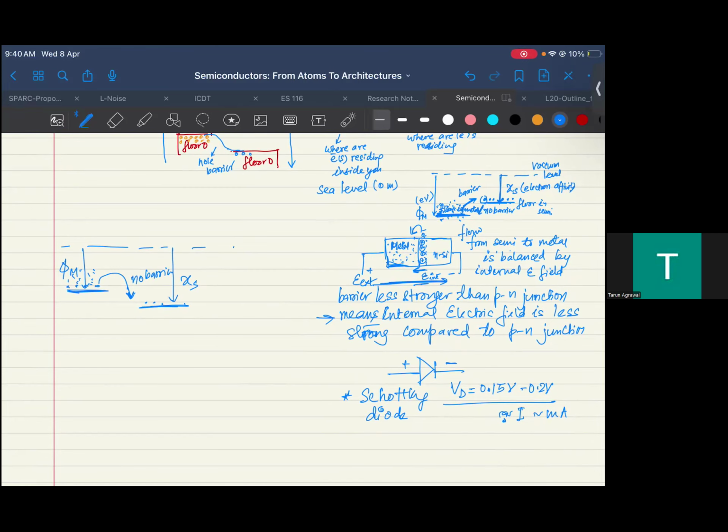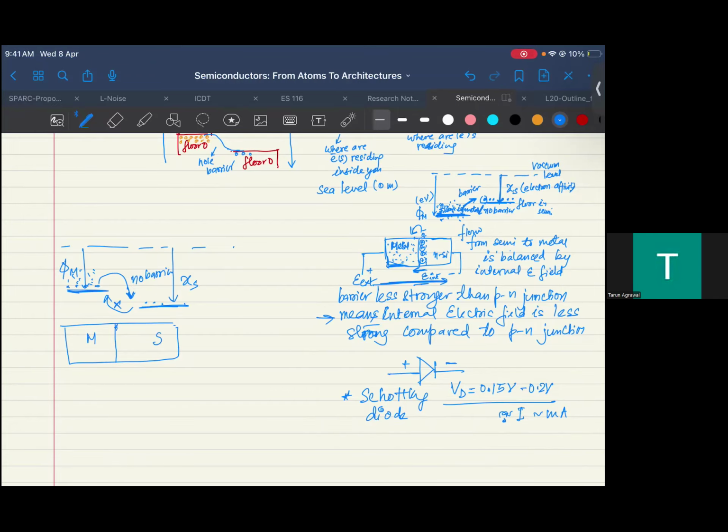And you will see very nicely what is happening here. You have your metal and your semiconductor, but there is no uncovering of the depletion region happening, or even if it is there, it is very minute, negligible, right?